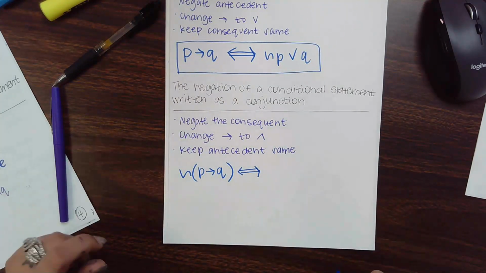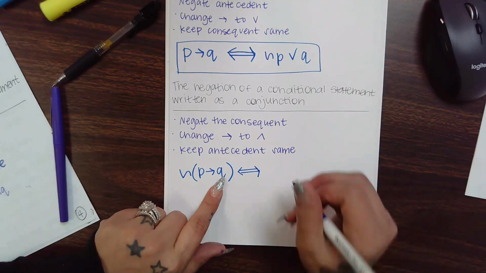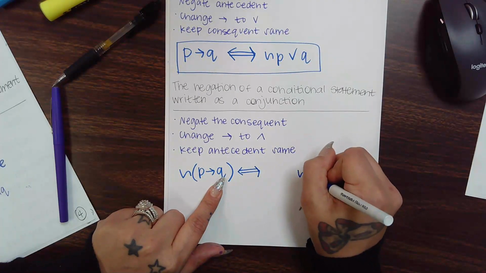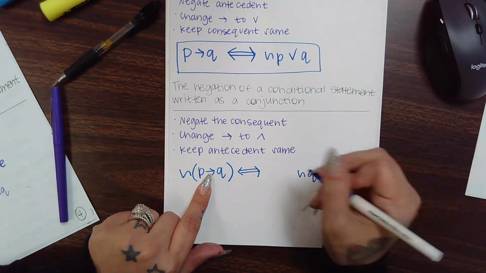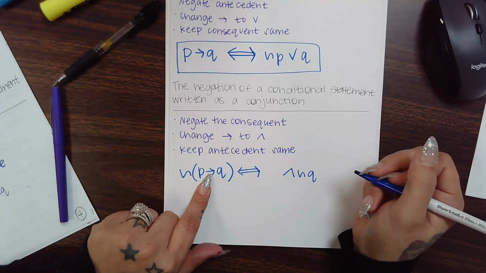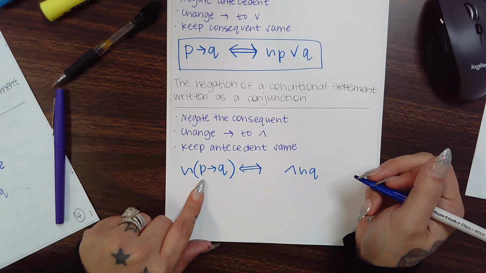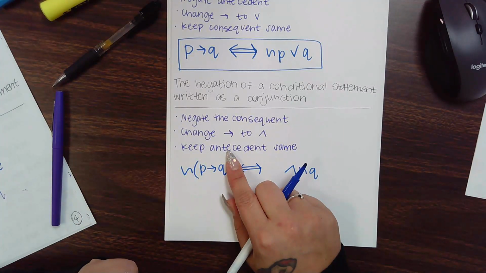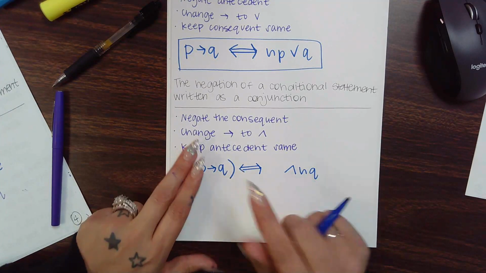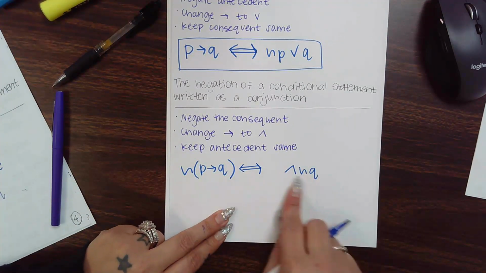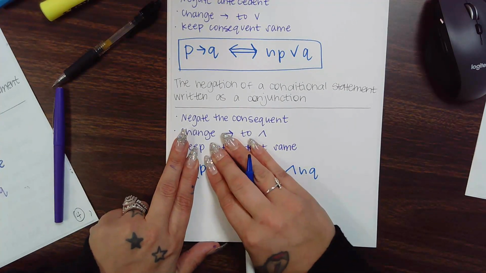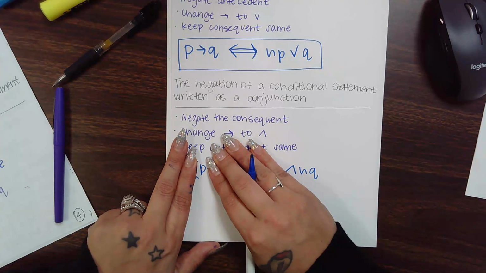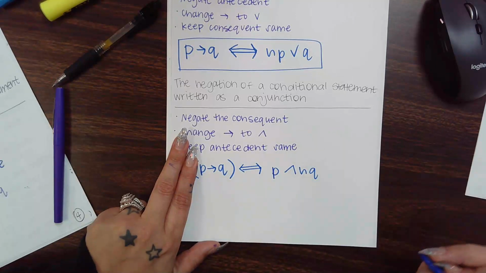The consequent is the second one. If I negate that, change my symbol to a conjunction, and then keep the antecedent the same. P is your antecedent, Q is your consequent. Yes, it's originally starting with the tilde or the negation, but that doesn't really have anything to do over here. The only thing that is your antecedent is your P, and I say keep that the same. So P.